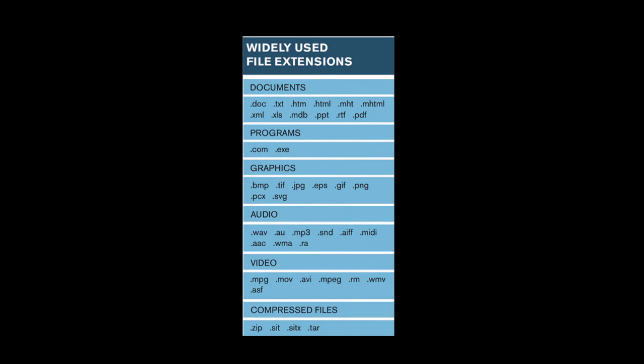Is it a music file? Is it a picture, JPEG? So here are some of the different file extensions. MP3, MP4 is video, MPEG movies, video. EXE is an executable. DOC is a Word document. So those are file extensions.